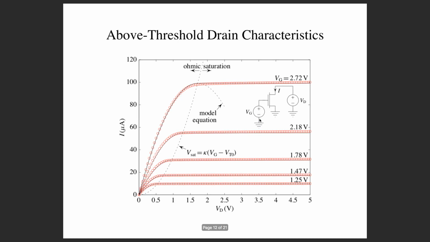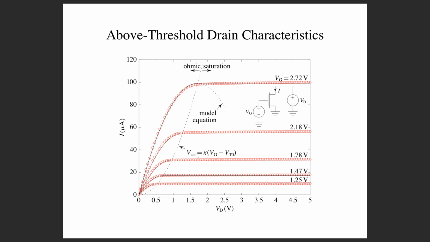If we look at drain characteristics, what we see is something qualitatively similar to what we saw in weak inversion. At low drain to source voltages, we have this Ohm's law-like characteristic where the current is increasing in proportion to the drain to source voltage.